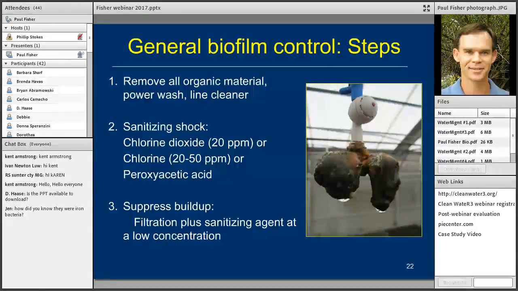So general biofilm control techniques, whether it's from iron bacteria or other bacteria, are to go through the following steps. First, if you have a biofilm problem, you need to clean out your irrigation lines. And that can be very challenging because you're going to go on with a high rate of a sanitizing solution or line cleaner.